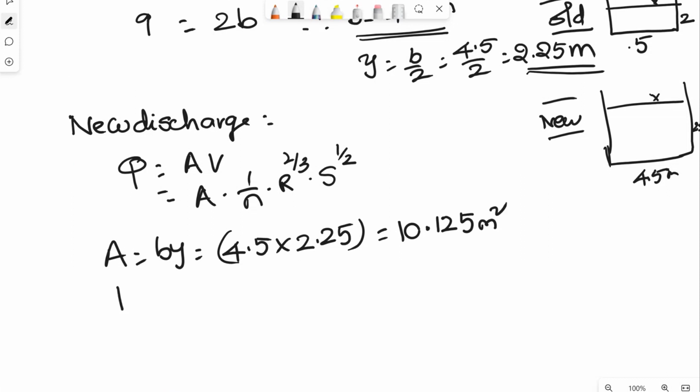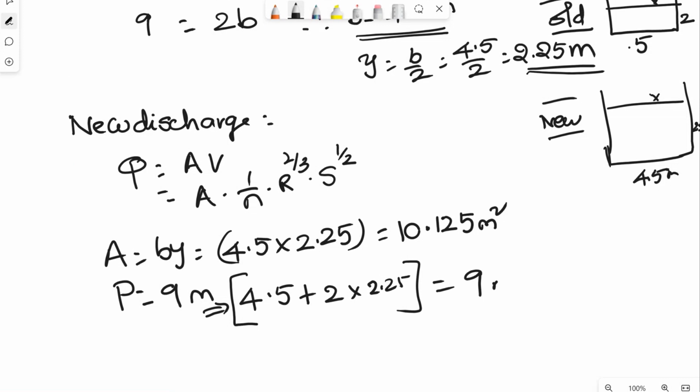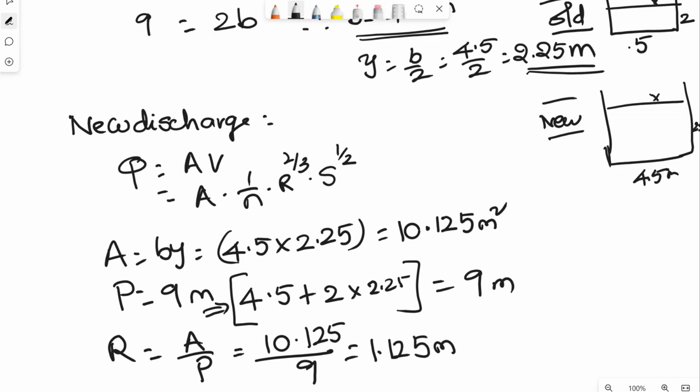P is the same, it should not change. Even if you calculate it, b plus 2y, 2 into 2.25, the answer is the same, 9 only. That's why P is kept constant. Then R is equal to A by P, 10.125 divided by 9, which is 1.125 meters.